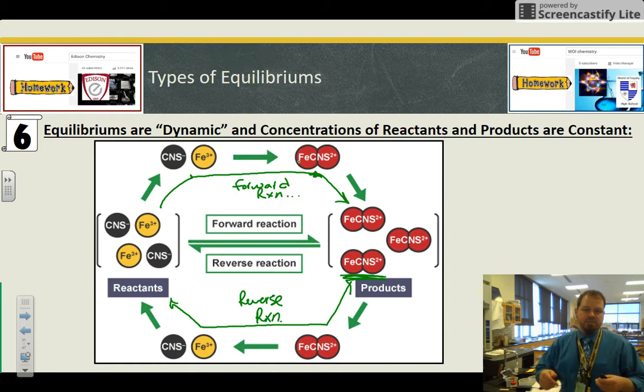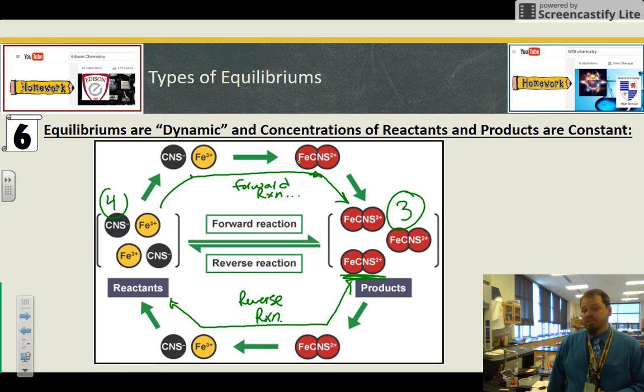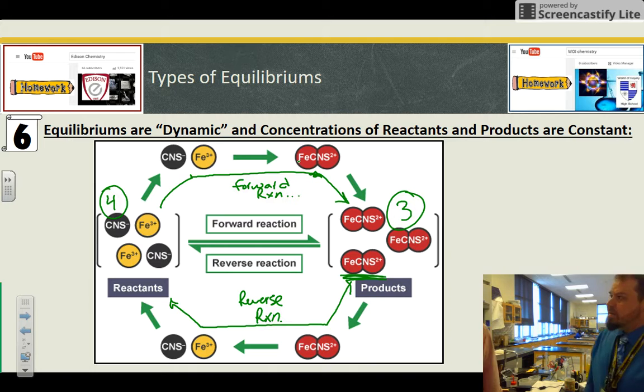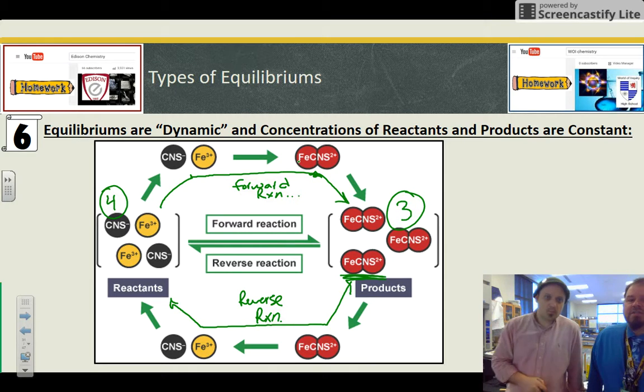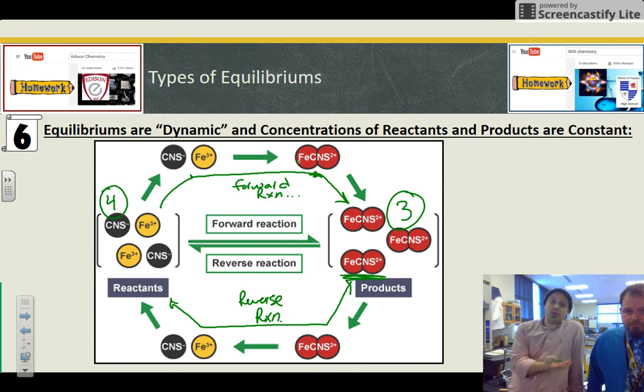So when we say that the concentrations are constant during an equilibrium, it looks like nothing's happening. But the trick is that there really is something happening. You just can't see it, because every time an iron cyanide is formed, an iron cyanide is broken up, and there's always the same number of each, no color change, nothing like that we see happening. But this equilibrium is consistent. And the 4 I wrote on the reactant side was for the 4 ions that were present.